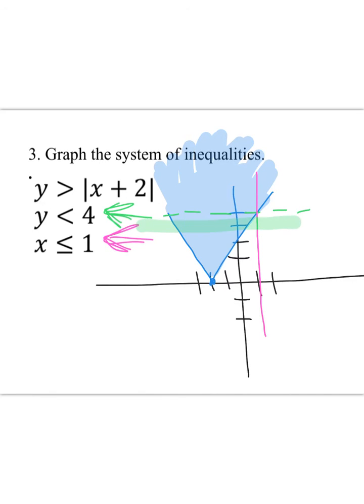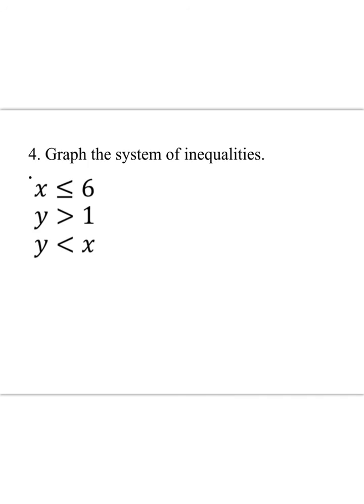And all the y values less than 4 need to be shaded in. And all the x values less than or equal to 1 needed to be shaded in. So the graph to this system is this little triangle area right here, because it's the common shaded area between all 3 inequalities. I want you to try this system on your own, so pause the video and good luck.